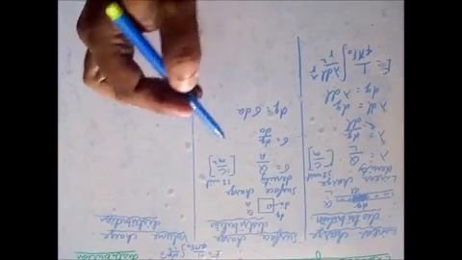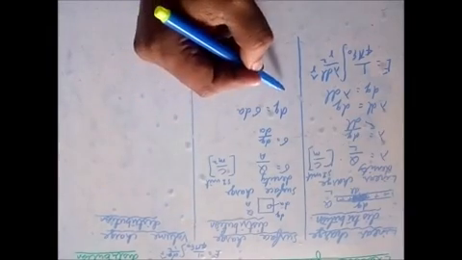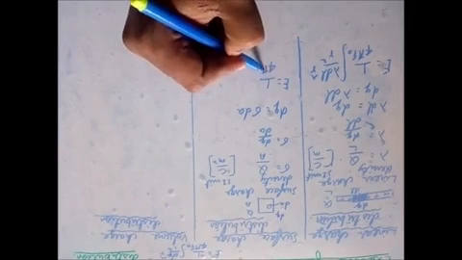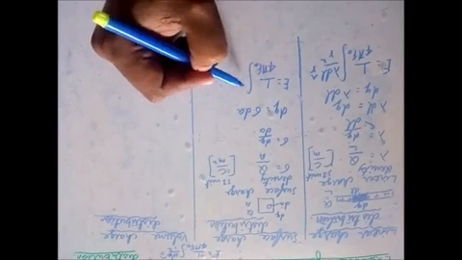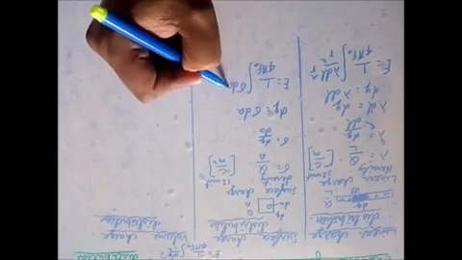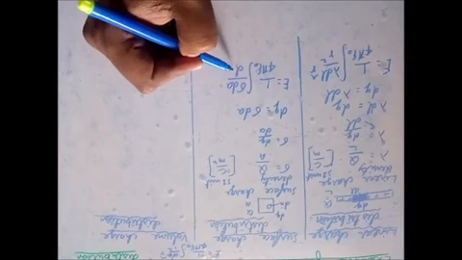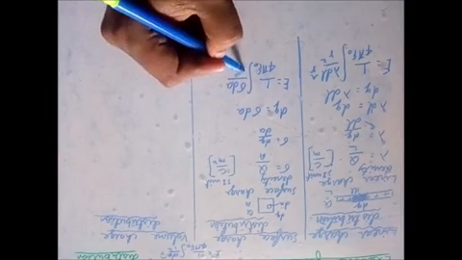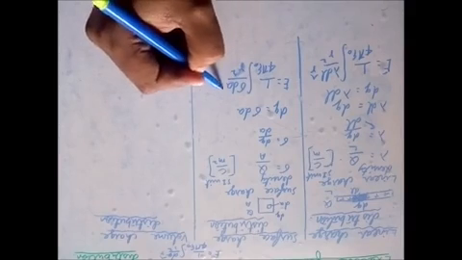Let me write this in the formula for electric field. So electric field will be equal to 1 by 4 pi epsilon naught integration of sigma dA by r square into r cap.